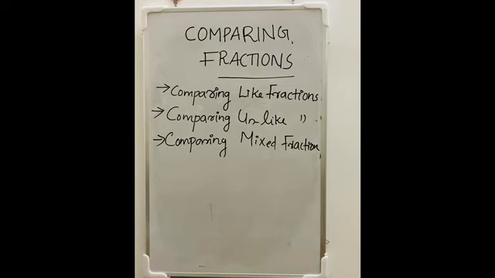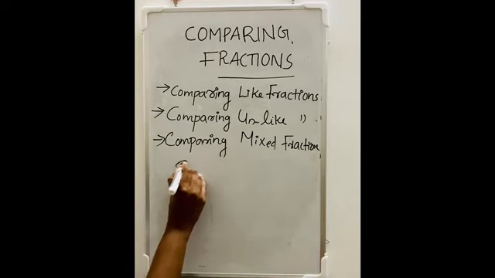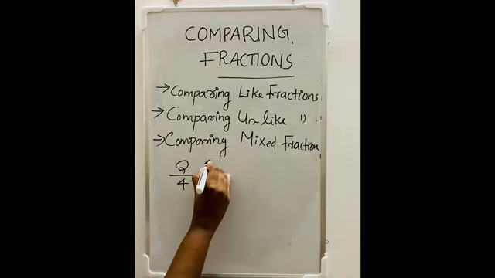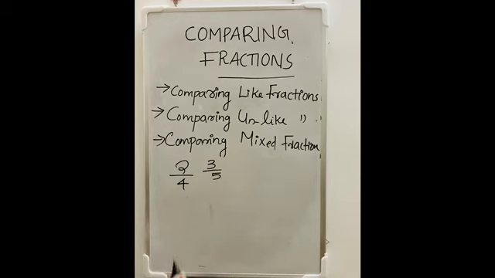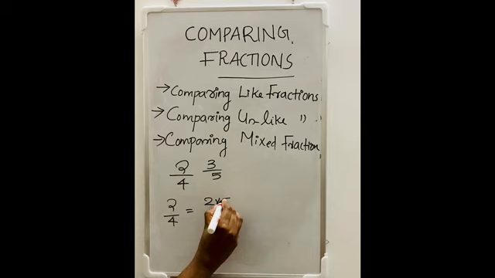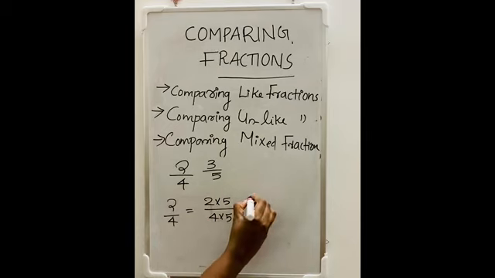So what was our question? 2 by 4 and 3 by 5, and we got the LCM 20. We have to make these fractions like fractions. So 2 by 4 equals, our LCM is 20, and we know that 5 fours are 20, so we multiply the numerator and the denominator by 5. Which gives 10 by 20.